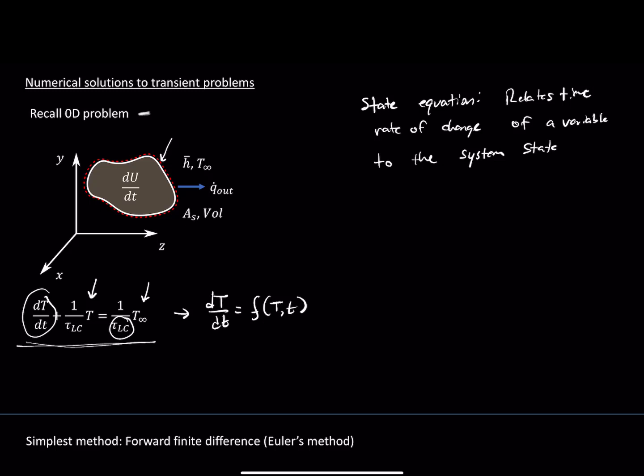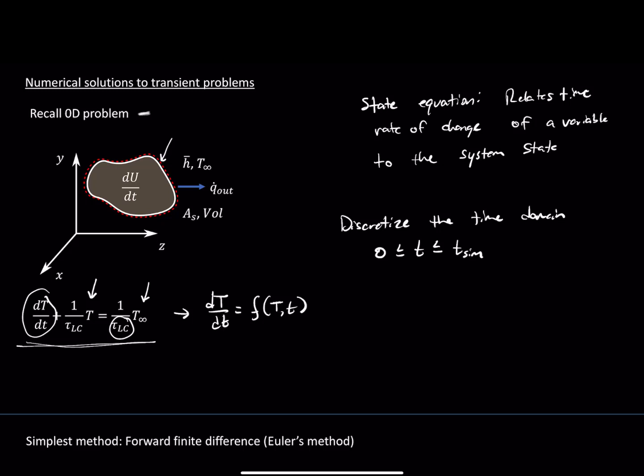Just like the other problems, we're going to start by discretizing the time domain. We'd say time is between 0 and what we'll call t sim, which is the total amount of time that we're interested in simulating.